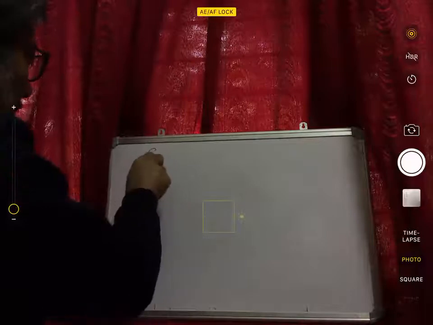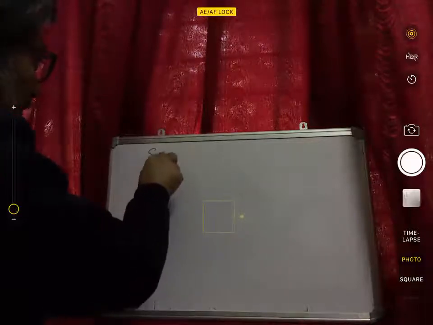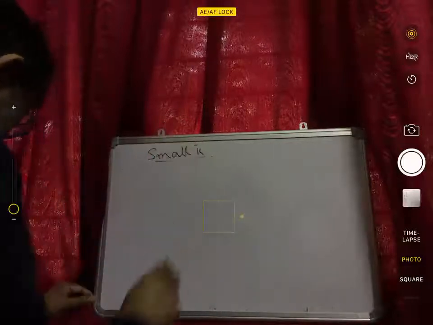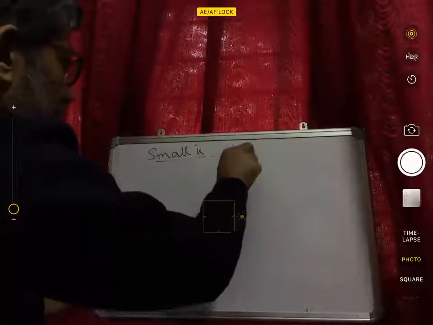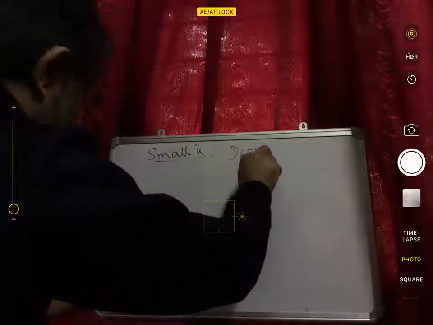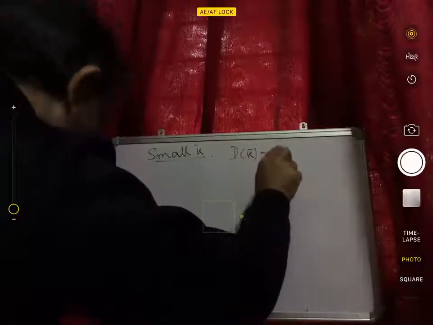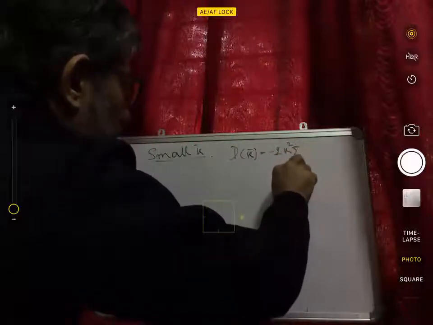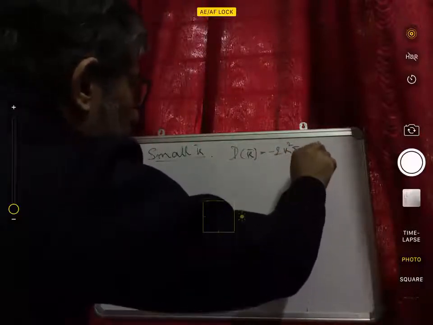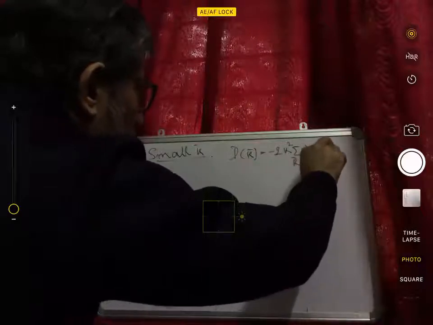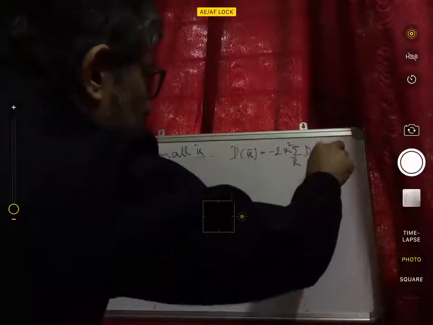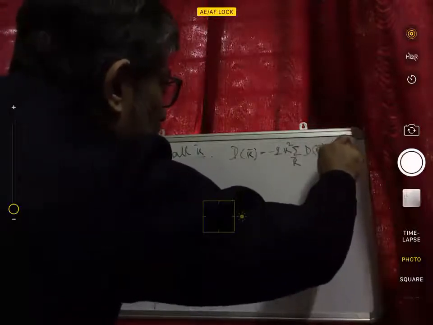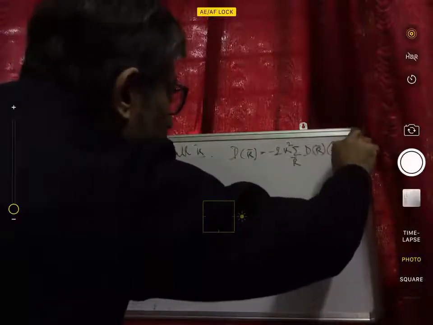Small k. At some angles it is writing well, at some other angles it is not. So we are looking at small k's. Dk is -2 squared. Half of unit vector k times r squared.